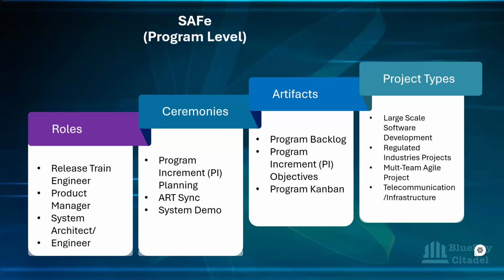Okay. So quickly, let's look at the ceremonies that you have in program level SAFe. We have the program increment planning, the PI planning. Like I said earlier, the PI planning is a key meeting for the program level, or for SAFe generally, where the release train engineer comes together with the teams to plan work for the next program increment.